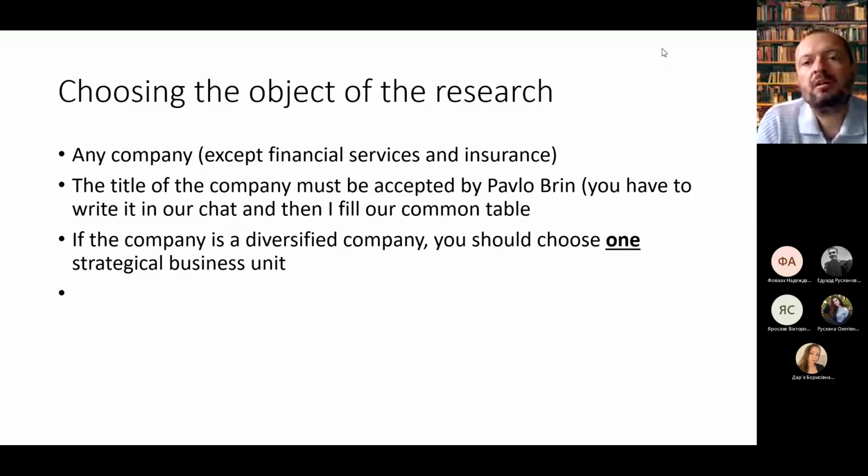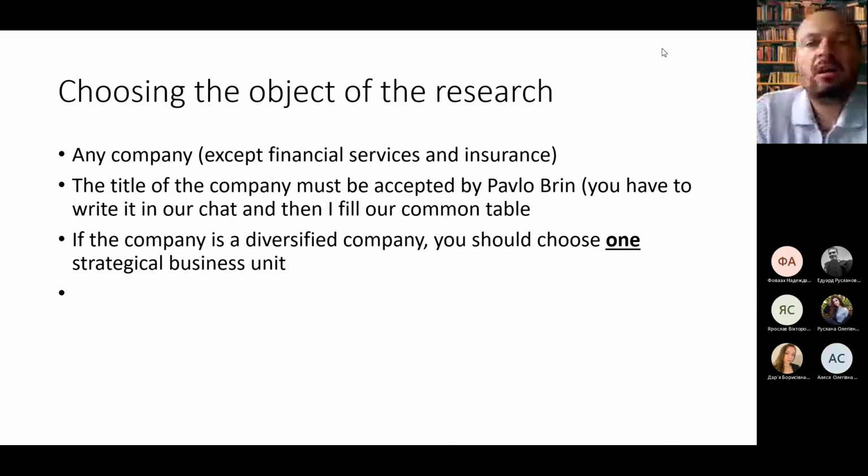It will be a table like it was when we communicated within management 2 and management 3, so it will be like a progress file. And only one thing, if the company is a diversified company, you should choose only one strategic business unit. I will explain how it is.